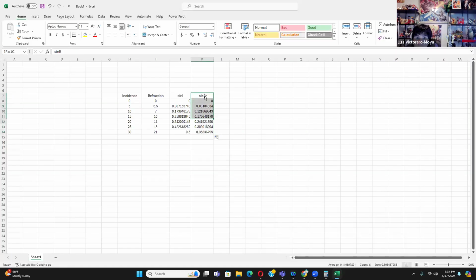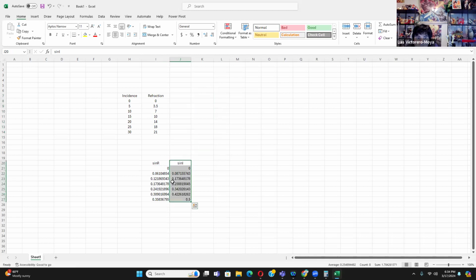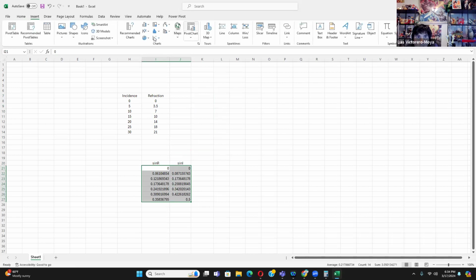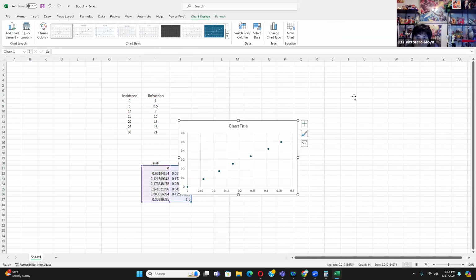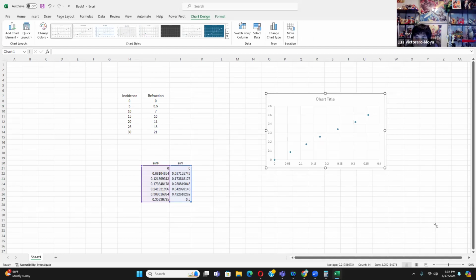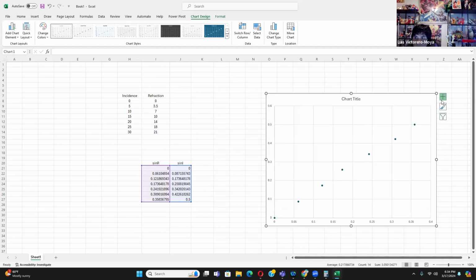So what I will do is I will move this here and this one here. You guys have been doing plots this semester, so it shouldn't be that difficult. And there you are, I get a nice sort of linear plot.